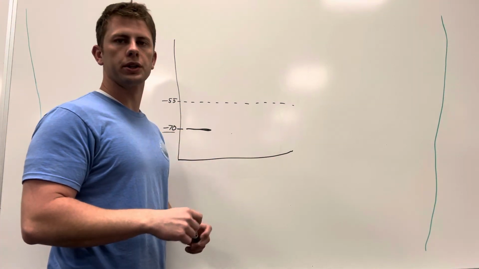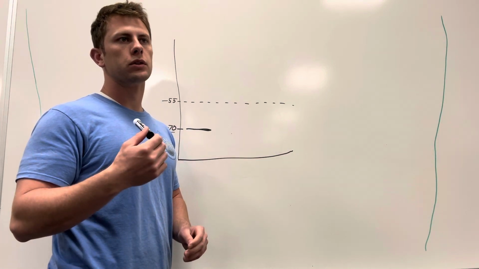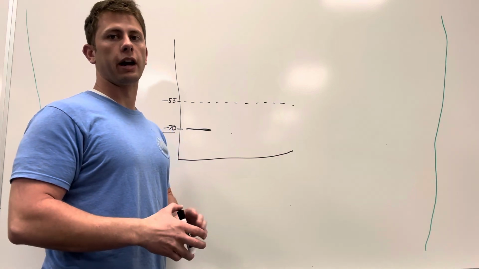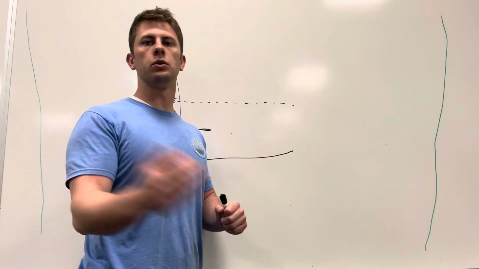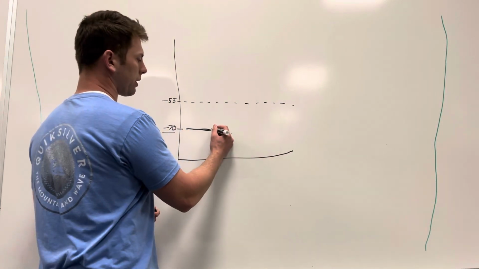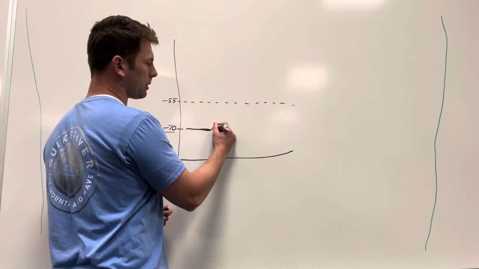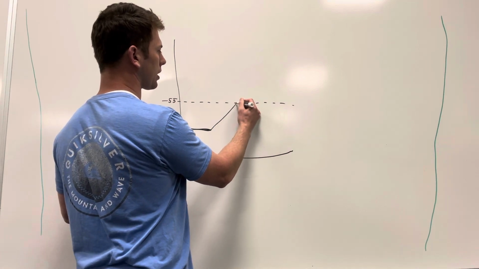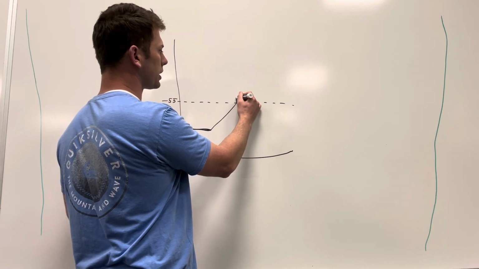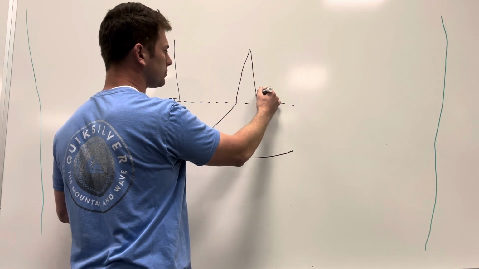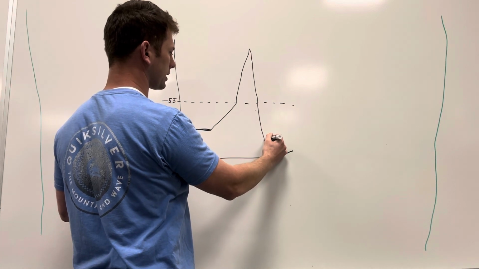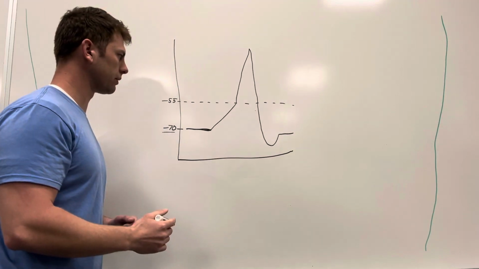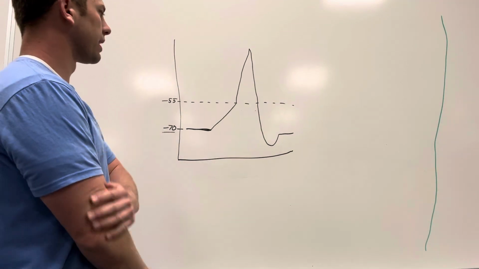It's the point at which sodium voltage gated channels will open. And because the driving force is so high, when they open, they shoot sodium in super fast. And so we have this graded potential coming from a stimulus, building and building until we reach negative 55. And then the cell fires. Sodium comes rushing in. We have a peak. And then we go back down and we actually hyperpolarize and then level off again at negative 70.